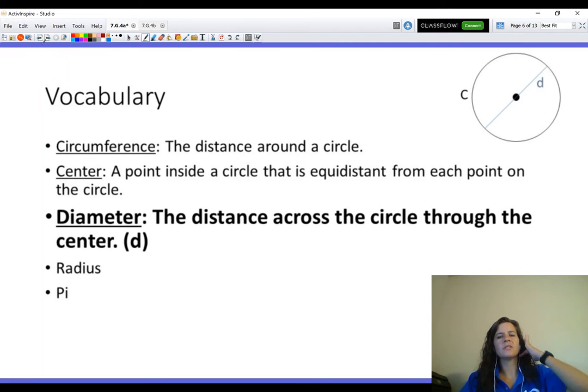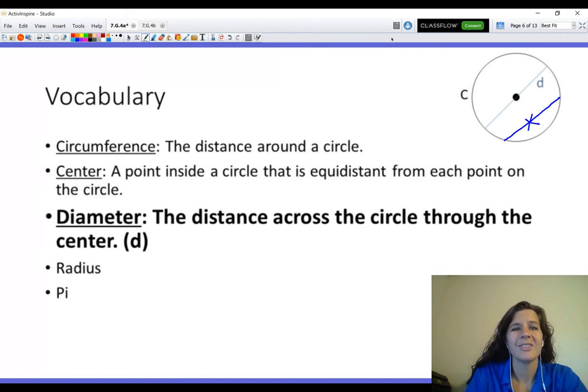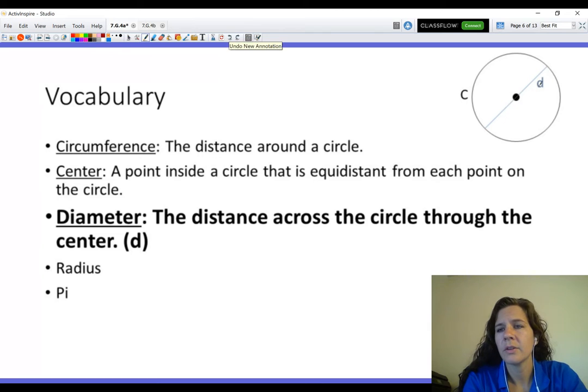The diameter is the distance across the circle, but it has to go through the center. We could draw a line right here and say that went across the circle, but it didn't pass through the center, so that is not a diameter. Let's just get rid of that. However, this is a diameter.